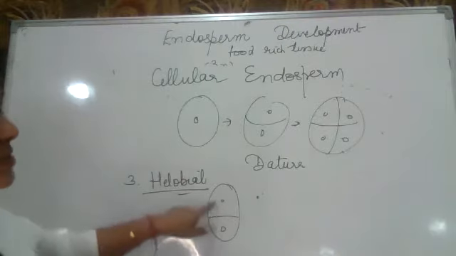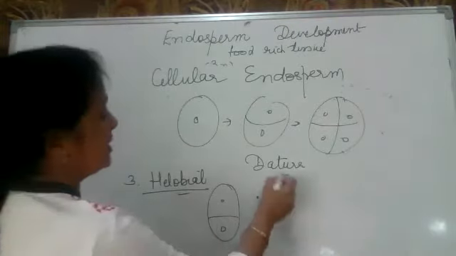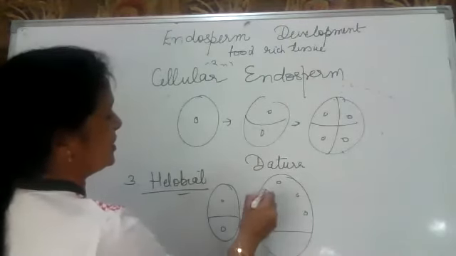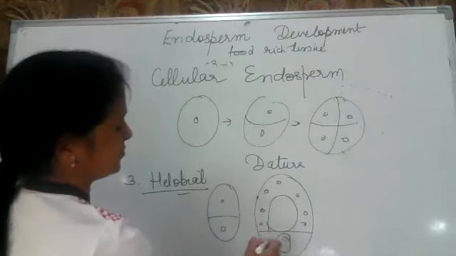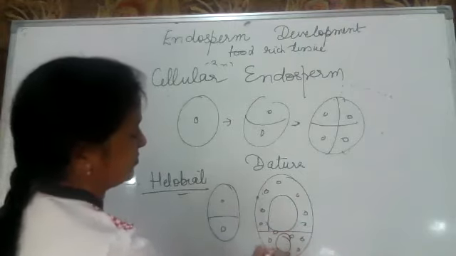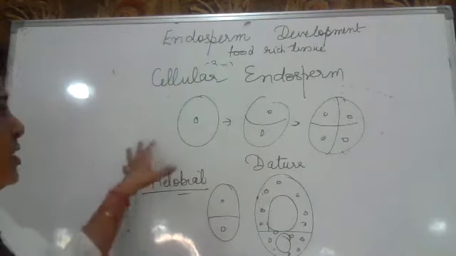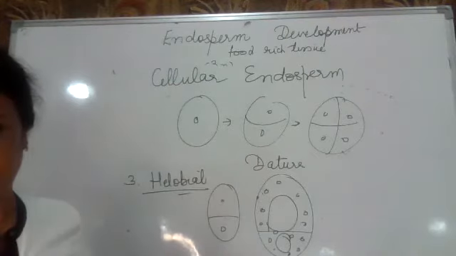Unequal means one cell is bigger than the other. Now, in each cell, the upper one as well as the lower one, there will be free nuclear division. So this is a sort of intermediate between the nuclear and the cellular endosperm.